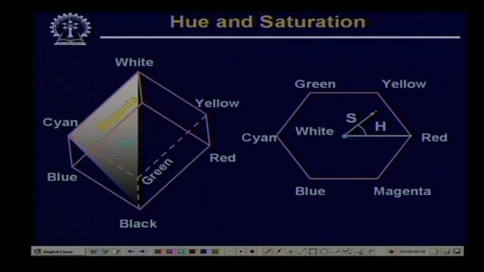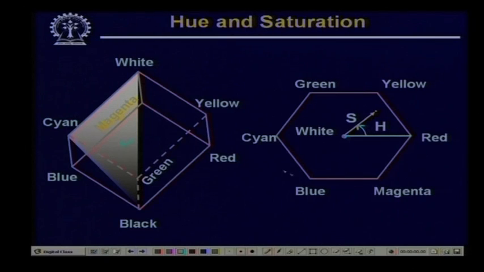So, the hue can be computed like this: it is the angle between the straight line, which is the projection of this shaded plane, and one of the primary colors, and normally this primary color is taken to be red. And this angle is normally measured in anti-clockwise direction.